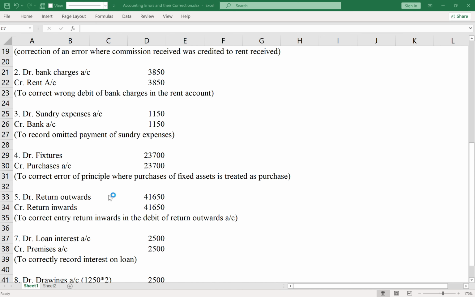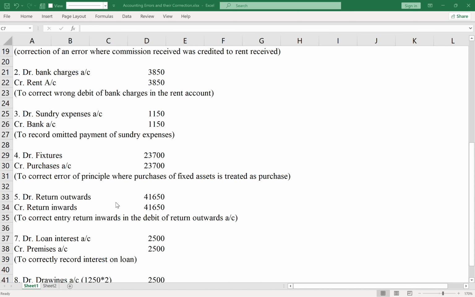Okay, so number 5, we are told that we have a return inward of 41,650 that had been entered in the debit side of the return outward account.